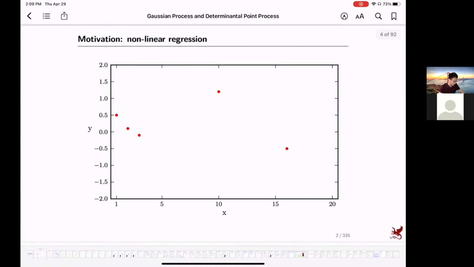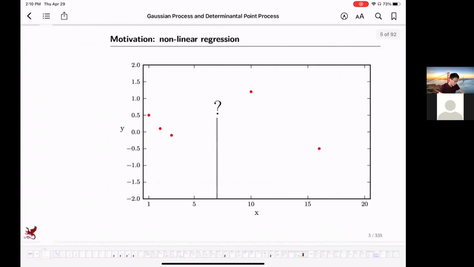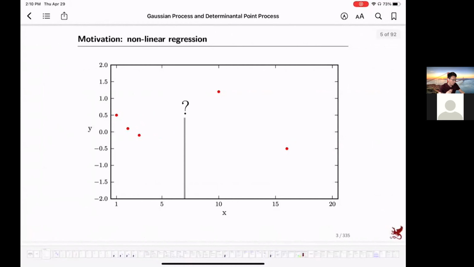I have an input X, and I observed some corresponding Y, like the red points showing on the screen. And the question I want to ask is, for an X I have never observed, can you tell me what its Y value is?